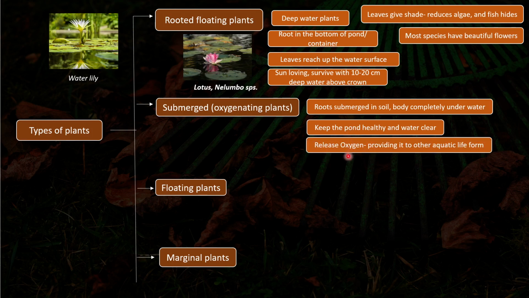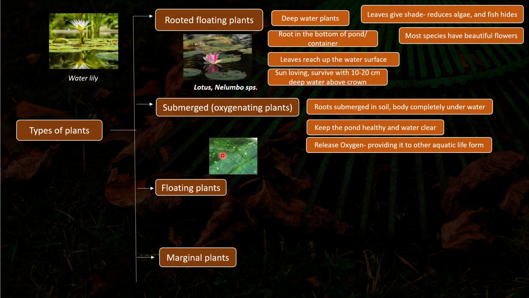They also release oxygen. Since these are submerged, that is, they are present inside the water, they release oxygen in the water, and that oxygen becomes available to the other aquatic life forms like fishes, right? So the oxygen that the oxygenating plants provide becomes available to all the aquatic life forms. So therefore these are also called oxygenating plants.